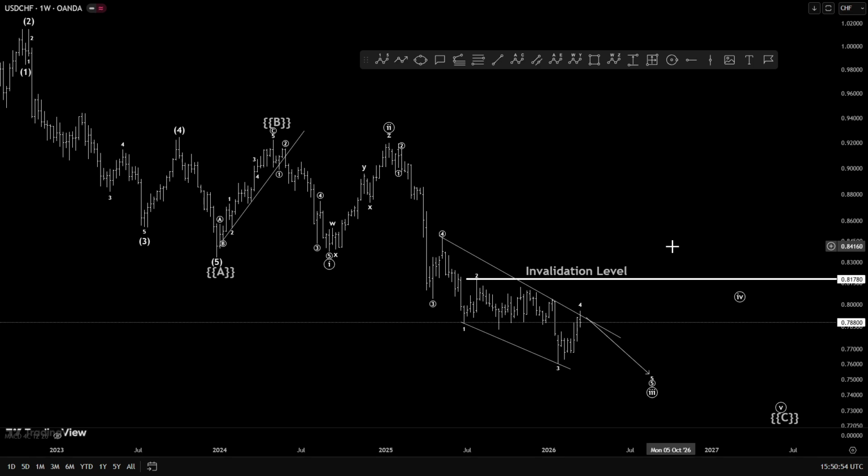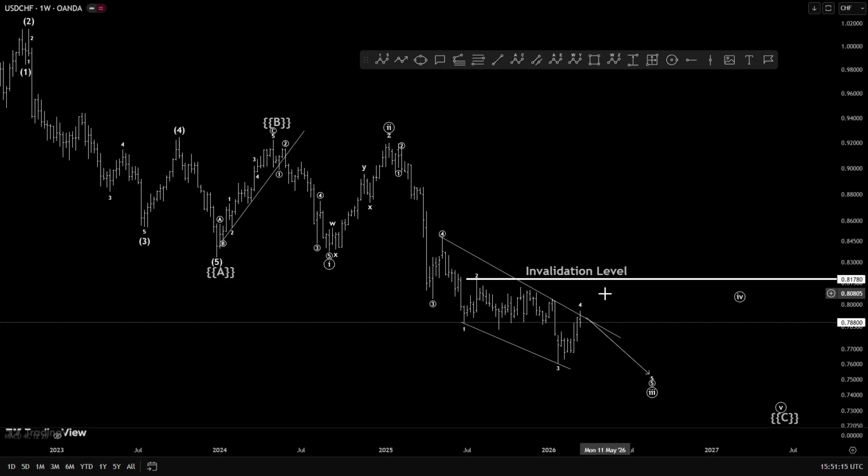It's about you looking at the rules and regulations. Wave 4 cannot go into the range of wave 2's ended point unless the wave count is wrong.